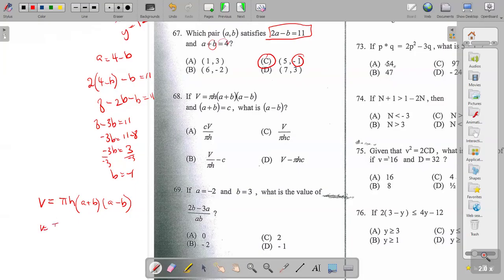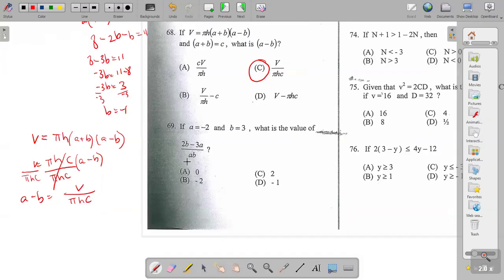So we got pi H times C times A minus B. Since we need to eliminate, we need to find what A minus B is. So we divide by pi HC on both sides. So this is going to cancel. So that means A minus B is equal to V over pi HC.